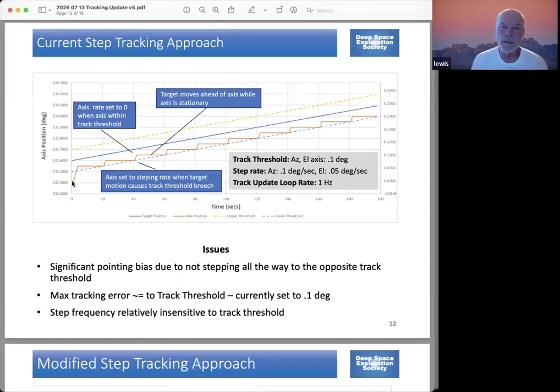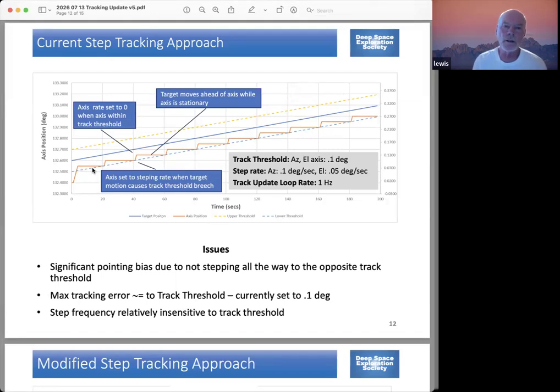What you see on the bottom left, I haven't really emphasized it, is the slew to get the axis near the object. These dotted lines are upper and lower thresholds, and we try to maintain the object between those boundaries.